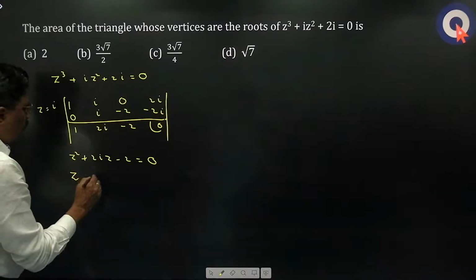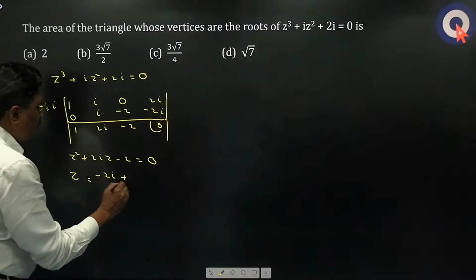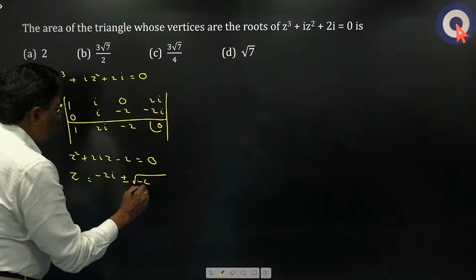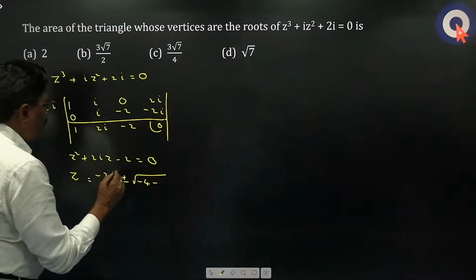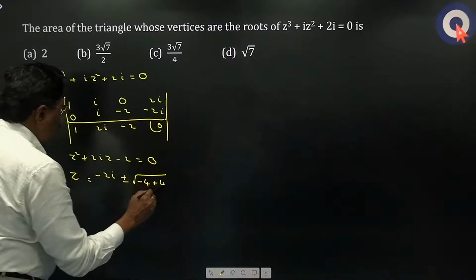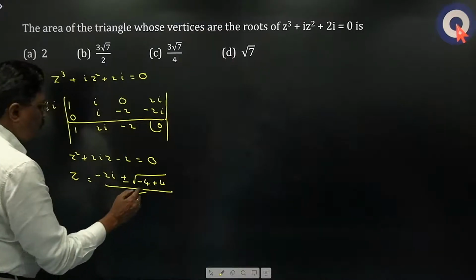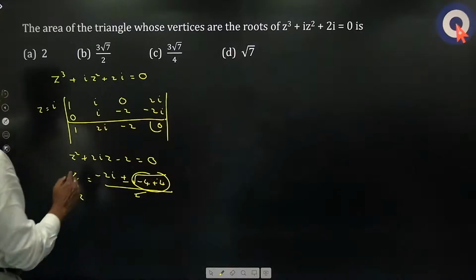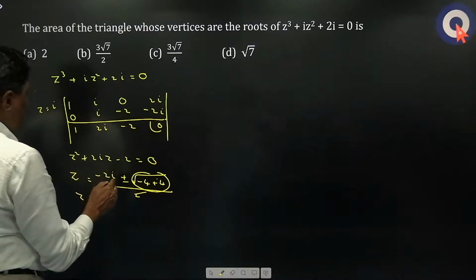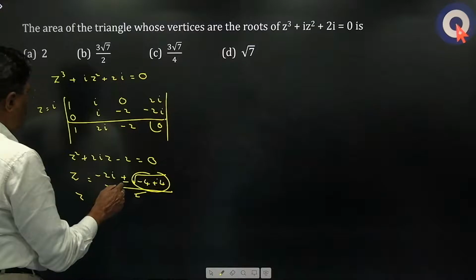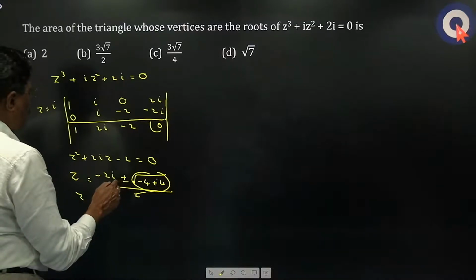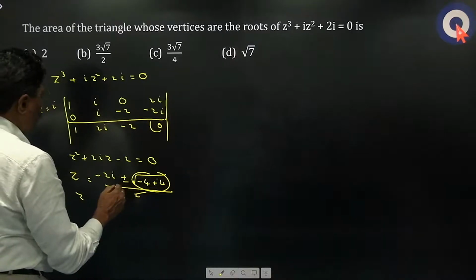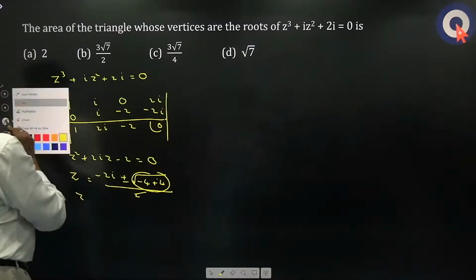Z is equal to minus b plus or minus root of b square minus 4ac by 2a. So what happened? Z square plus 2iz minus 2 is equal to 0. Okay, I made a mistake here. Just a second.